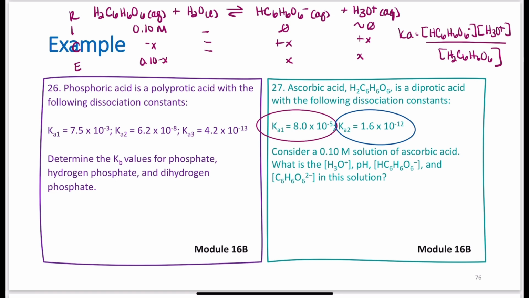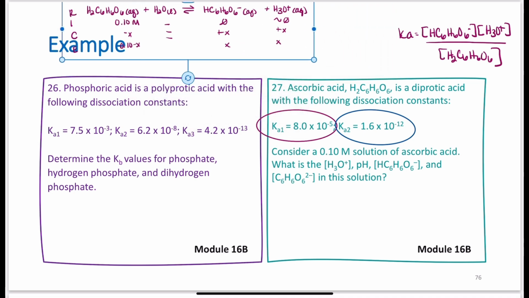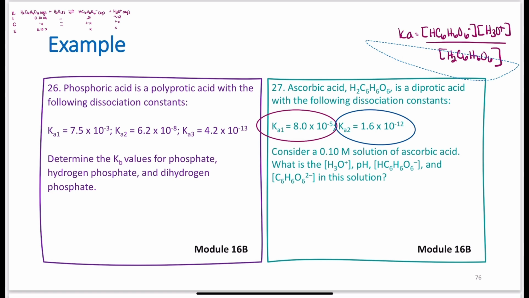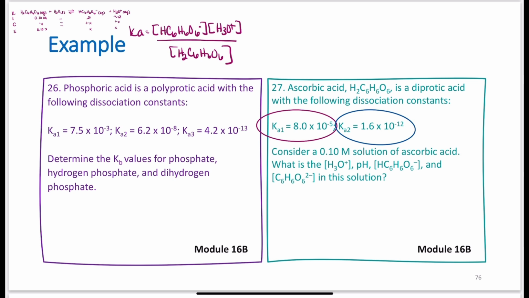Okay, so let's go ahead and plug in what we know. This is equal to x squared over 0.10 minus x.